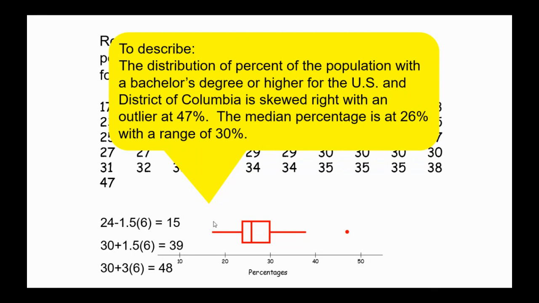We can say that the distribution of the percent of the population with a bachelor's degree or higher for the U.S. and D.C. is skewed right with an outlier of 47%. So we mentioned our outlier. Median is at 26%, and the range is 30%.